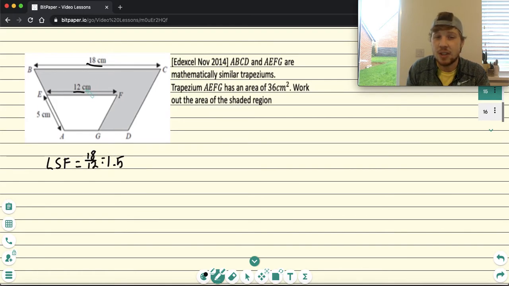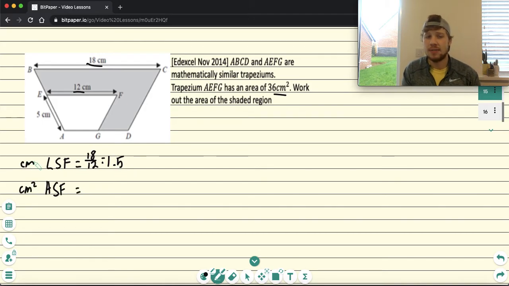Well, these units are centimetres, and area is in centimetres squared. So what do you think I have to do to my linear scale factor, which is in centimetres, to get to my area? Well, it would just be 1.5 squared, which is 2.25.